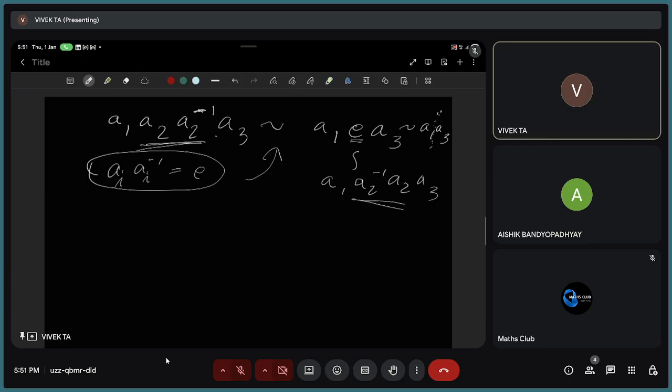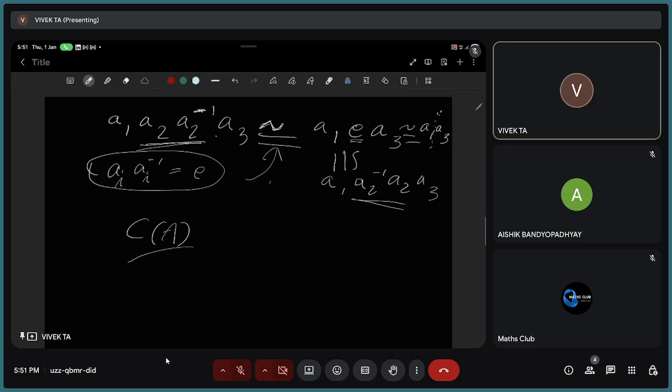So what we do is first we make the equivalence relation. Proving that this is an equivalence relation is an easy thing; you can do it yourself. You take an equivalence relation, prove it, and then you take the equivalence classes.